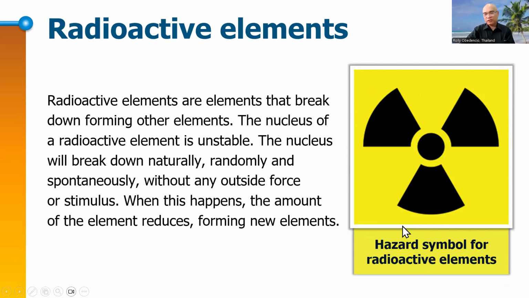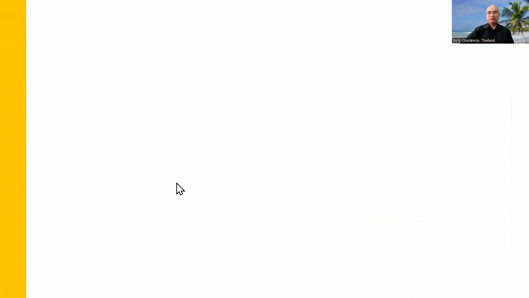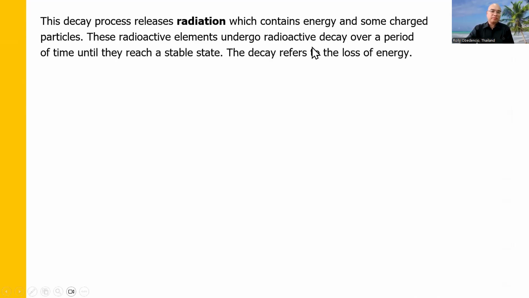So this picture is a hazard symbol for radioactive elements. Now, this decay process releases radiation which contains energy and some charged particles. These radioactive elements undergo radioactive decay over a period of time until they reach a stable state.